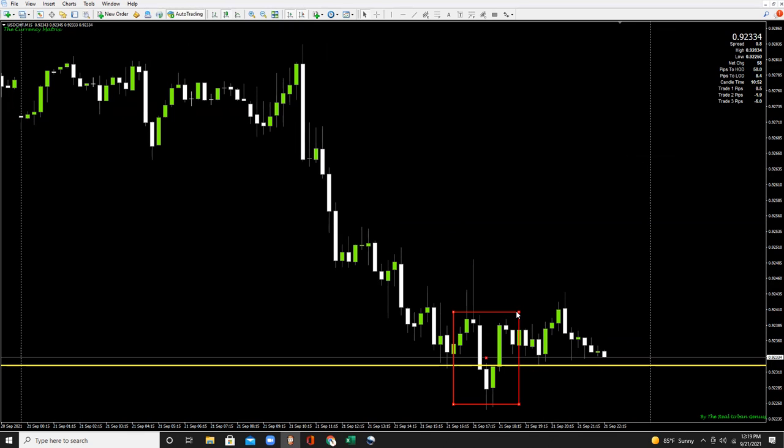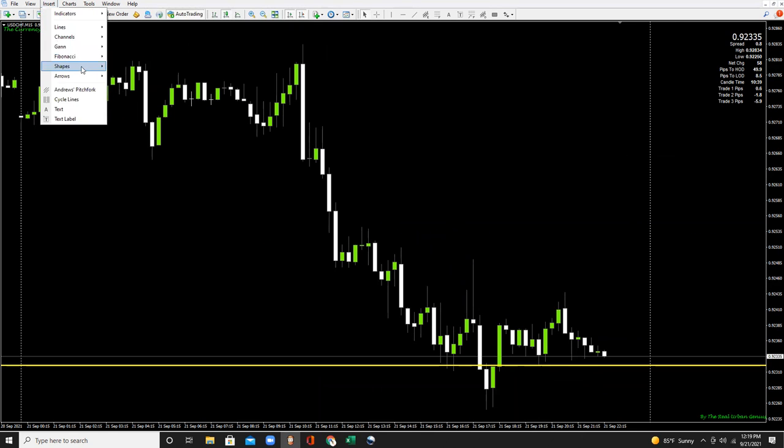Now here on the 15-minute, we can look at some key features. Downtrend, downtrend, downtrend, downtrend, downtrend, downtrend. Here's the downtrend, low, high. Okay, high, high, high, low, supportive.